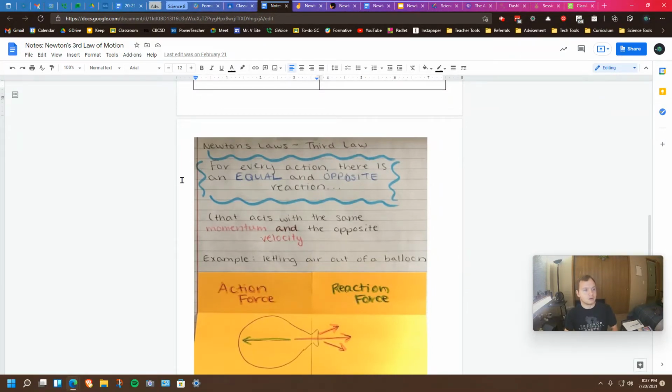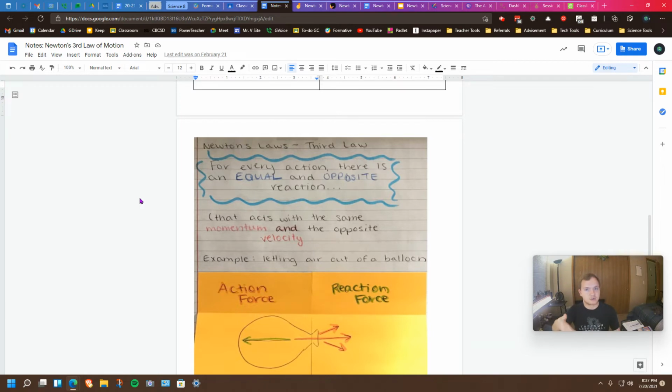Newton's third law, if you can read that in Miss Under's beautiful handwriting, is essentially: for every action, there's an equal and opposite reaction. You've probably noticed that whenever there's gravity, there's always a normal force. Whenever there's a downward pull from gravity, which is present everywhere, there's usually something holding it up.